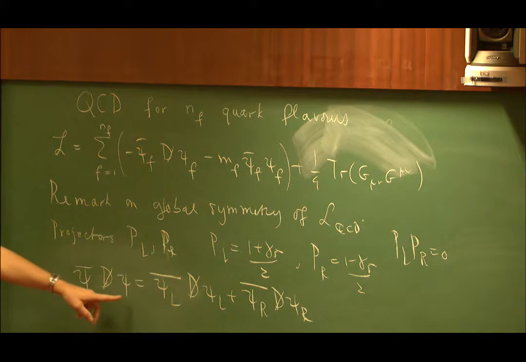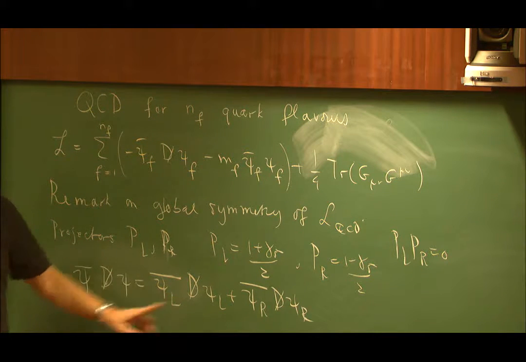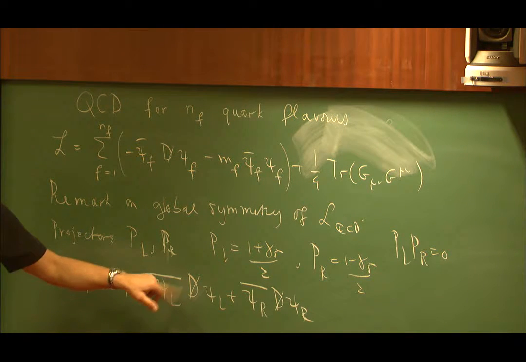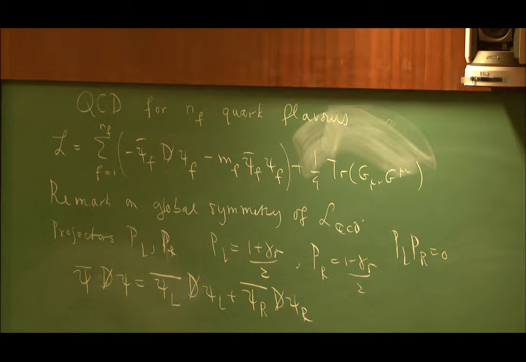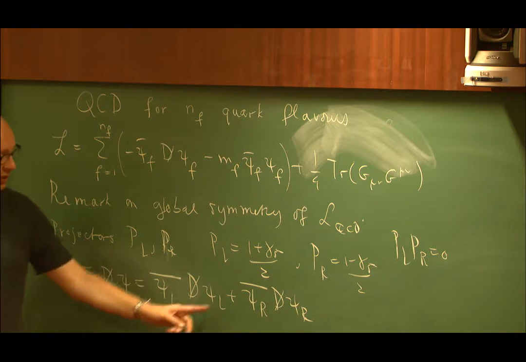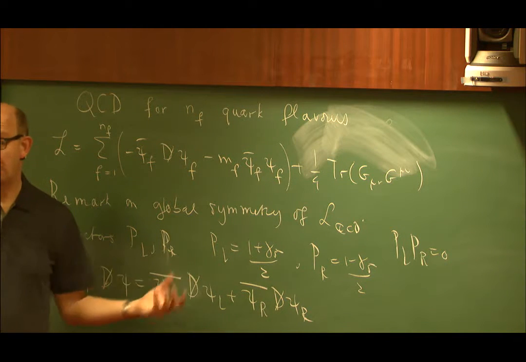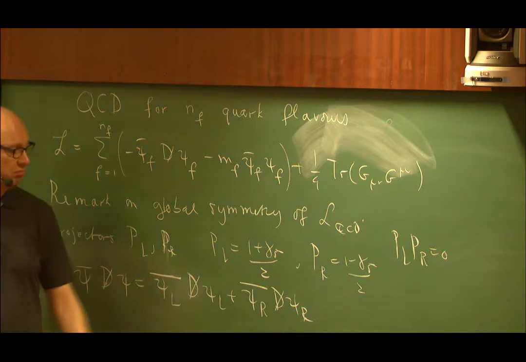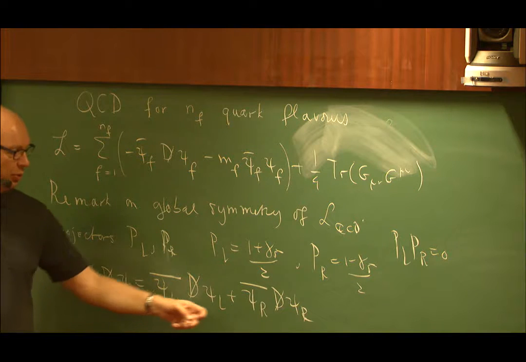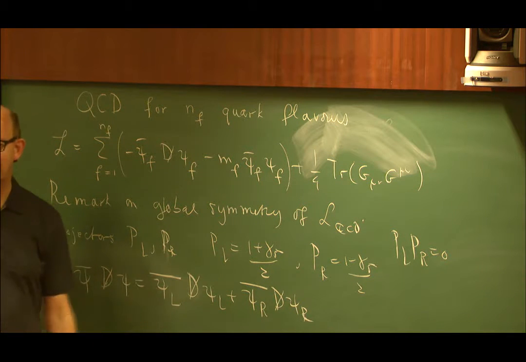There is no PL times PR or psi L psi R, thanks to the gamma mu in the middle. So from this point of view, it looks like the left-handed components and the right-handed components are separate fields. We can call this Zippo and this elephant. But it's separate fields.